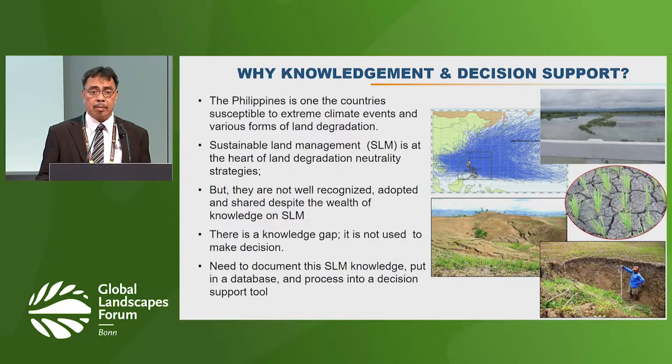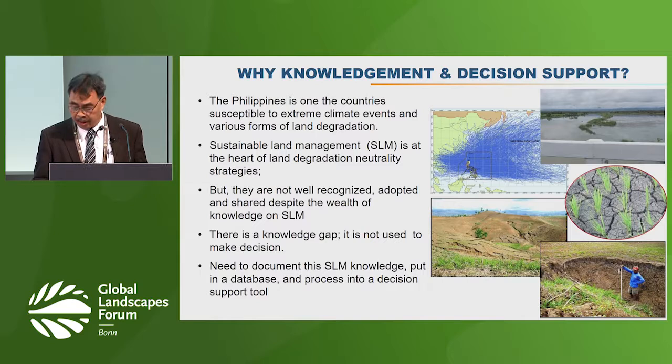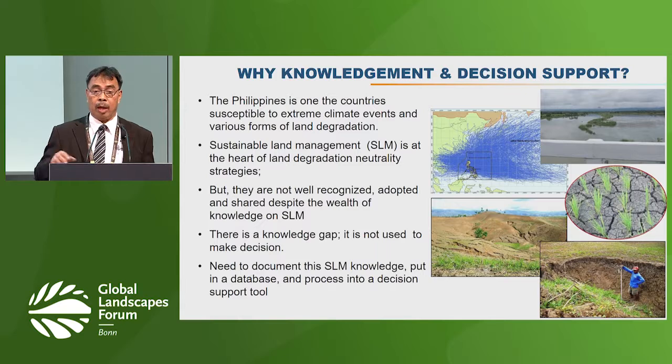So the problem is not the lack of knowledge, but the lack of understanding on the impacts and importance of sustainable land management. That's why we need to document this sustainable land management knowledge, put them in the database, and process them into a decision support tool, which we did under Module 7.